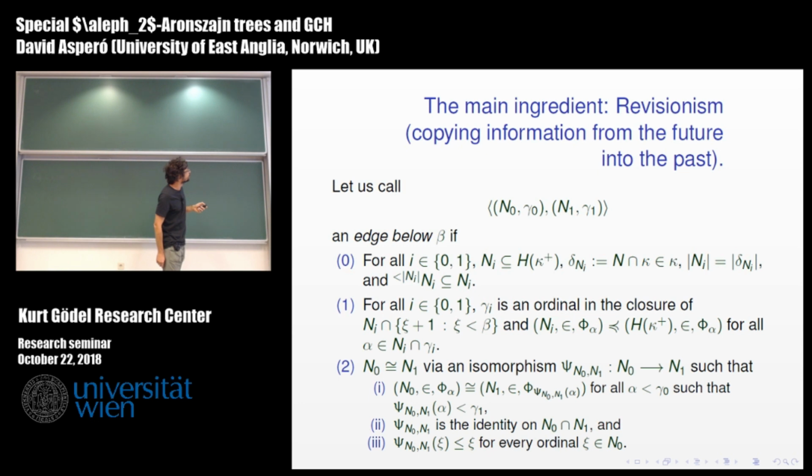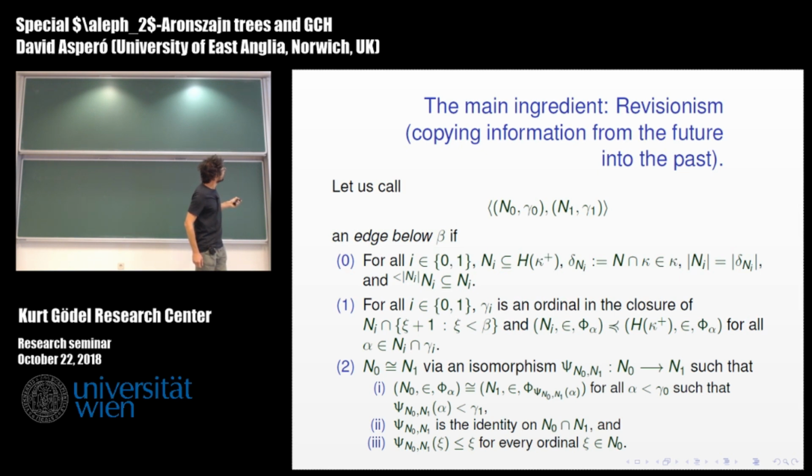All right, I'll call a pair like this, N0, gamma 0, and N1, gamma 1, an edge below beta, just for lack of a better name, if the following happens.